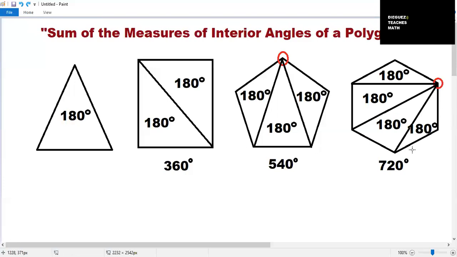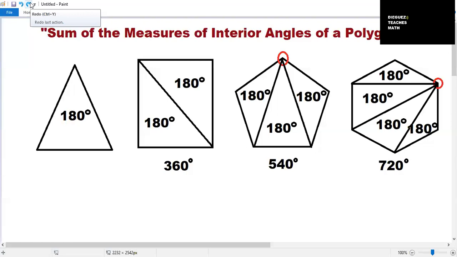And then of course here, it should add up to 720 when you add this angle plus this angle plus this angle plus this angle plus this angle plus this angle. So adding all those 6 angles should add up to 720.